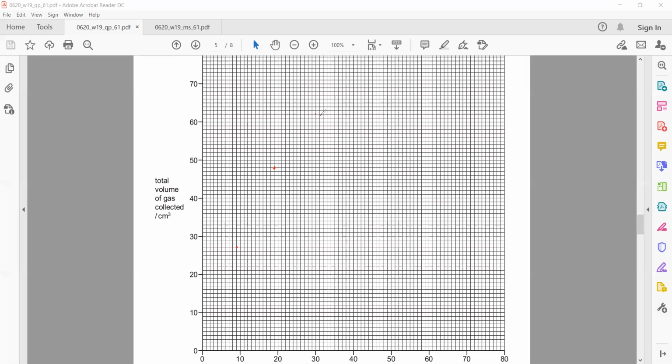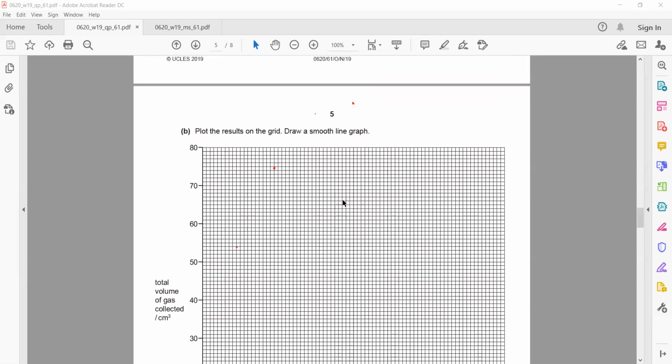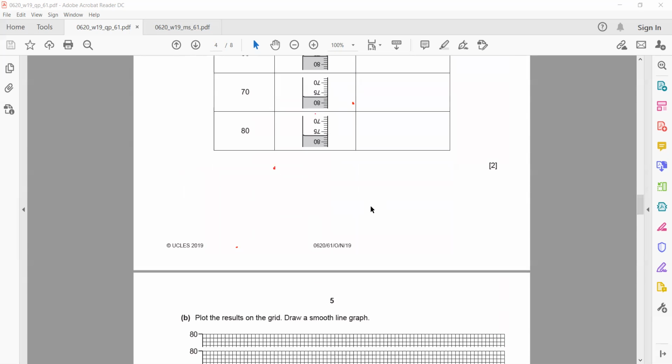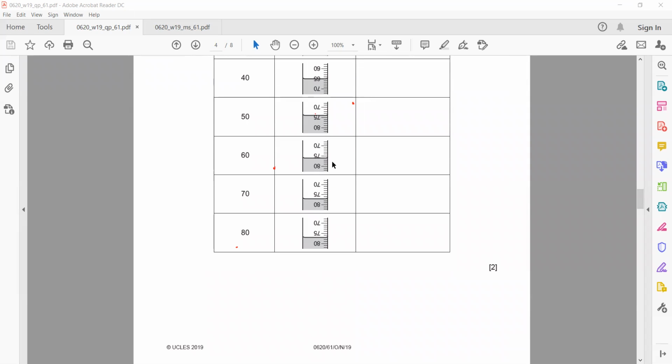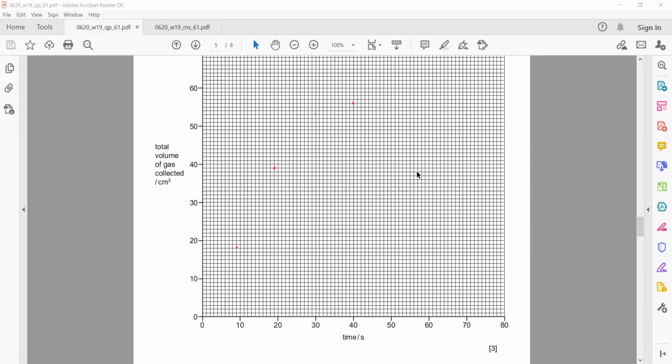And at 40 it was 65. And at 50 it was 74 and then 76.